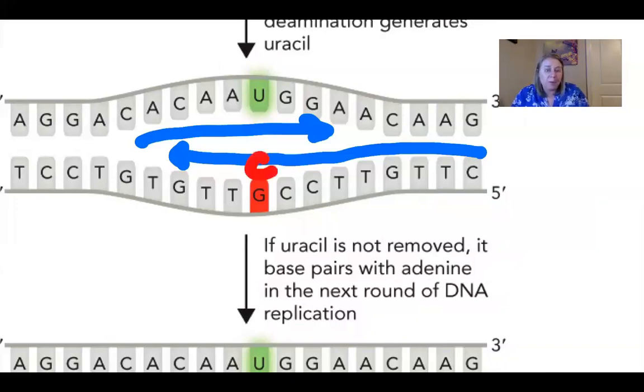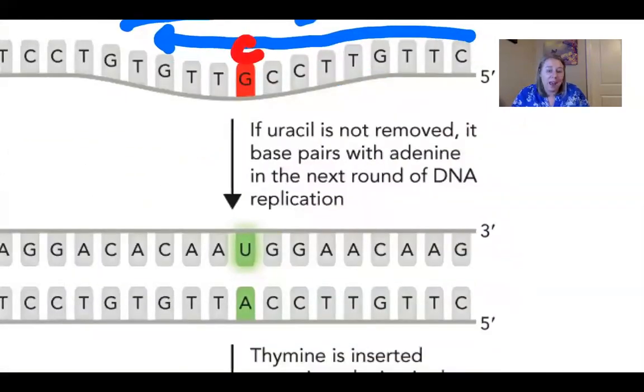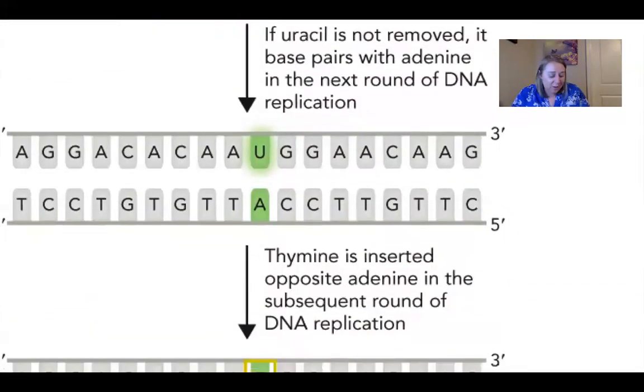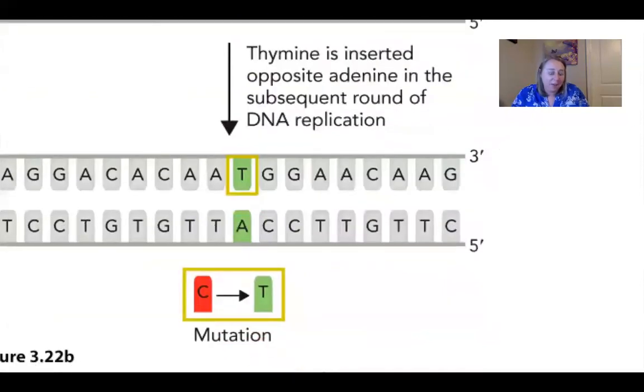But what happens when we see a U? What's the cell going to do? Well, the cell is going to pair that with an A and then fix that U and change that U into a T. So now we have a mutation of a cytosine to a thymine. And so that's a mutation.